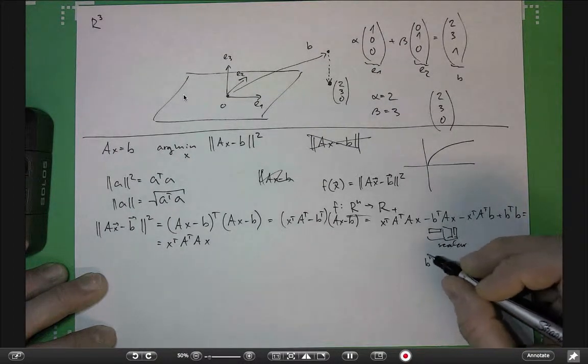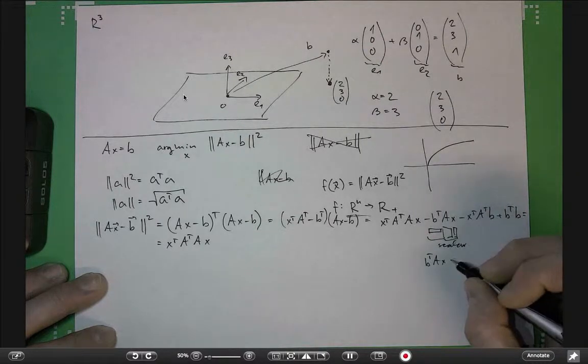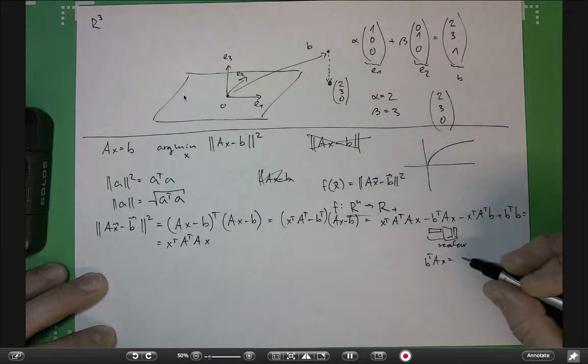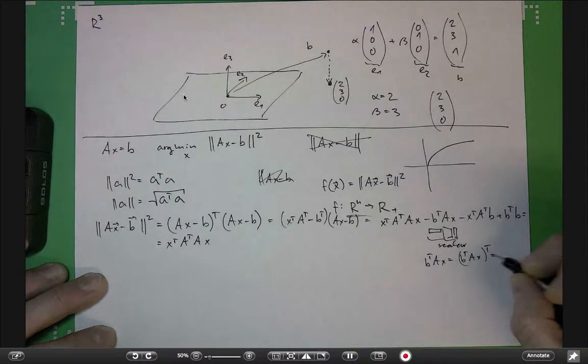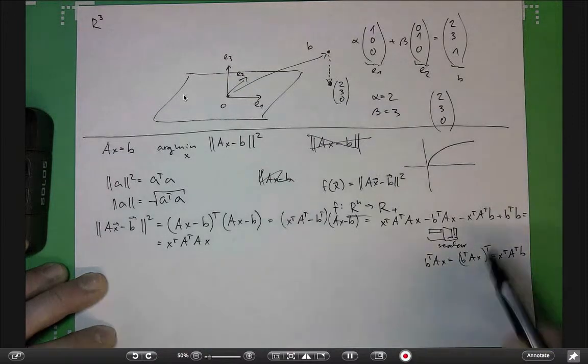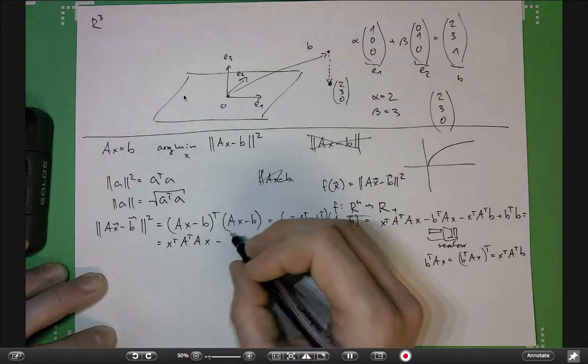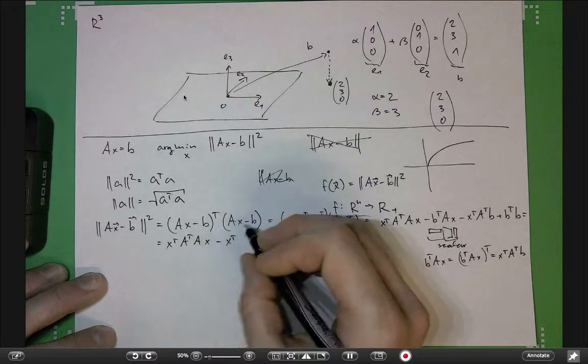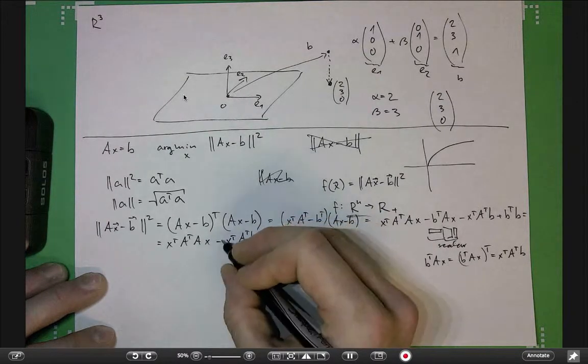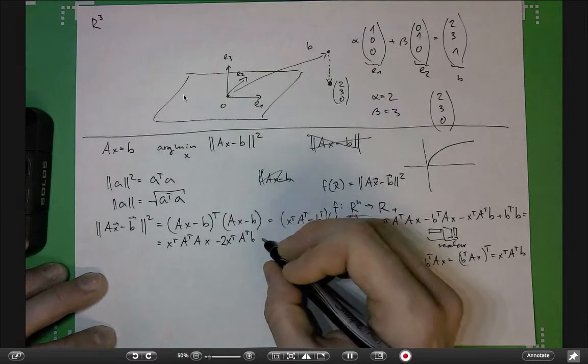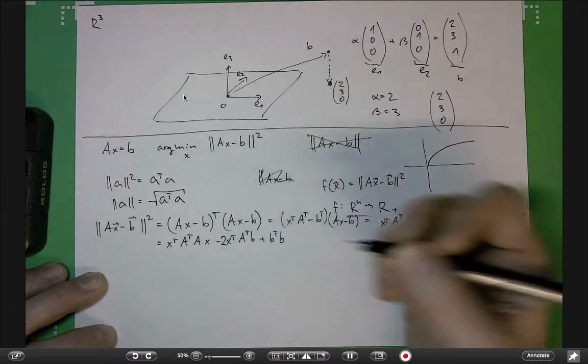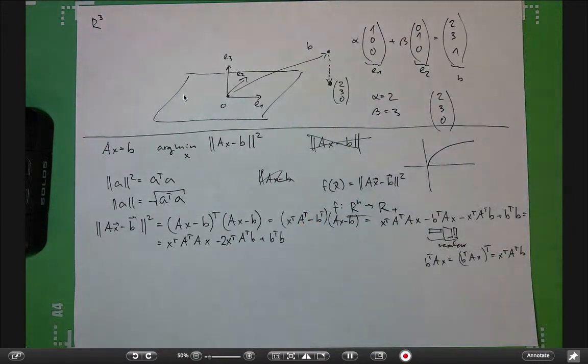So b^T A x is exactly the same thing as b^T A x, the entire thing transposed, which is x^T A^T b, right? Which is exactly what I have here. So I can just aggregate these two things together and write that this is x^T A^T b twice plus b^T b. Is everybody happy about this?